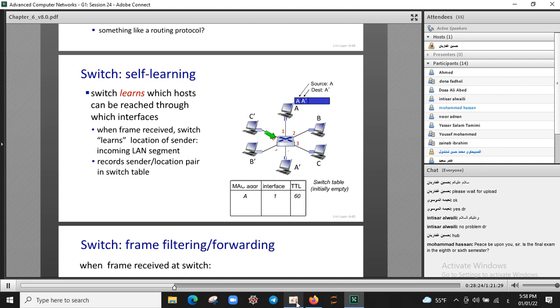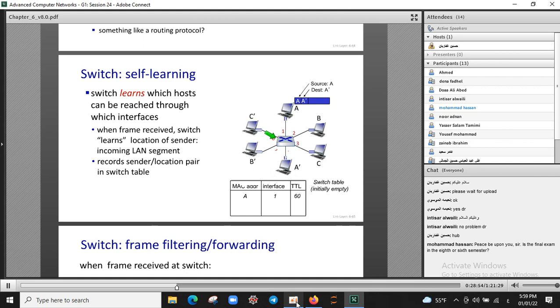Again, if there is pre-knowledge about the destination, the switch can find it in the switch table, and it finds the destination port, destination address, destination interface, and the switch will forward those frames over that destination interface. And everything is finished.